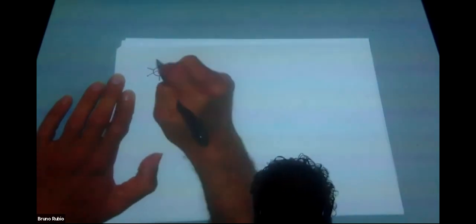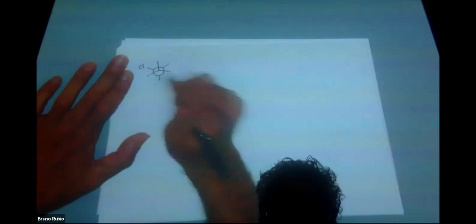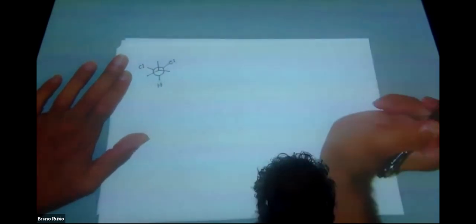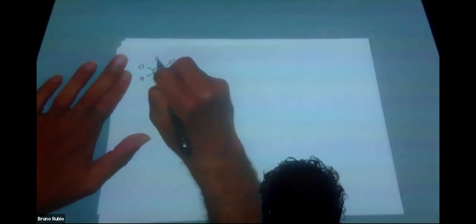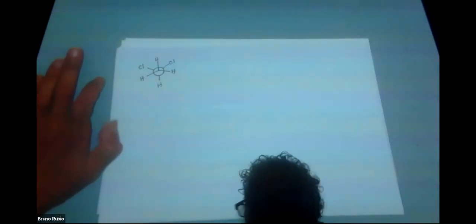So here's a Newman projection, and I'm going to label the carbon in the back like that. Notice the carbon in the back isn't a chirality center, and I'm going to put 3 protons up here in the front. That's going to be my methyl group.